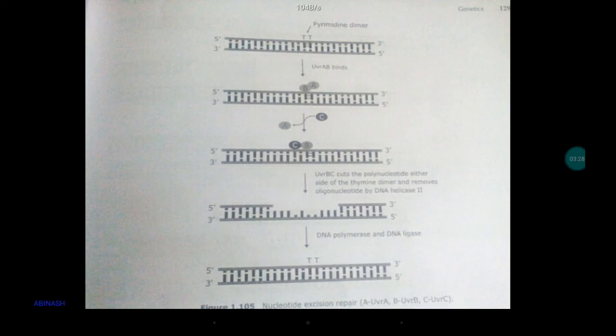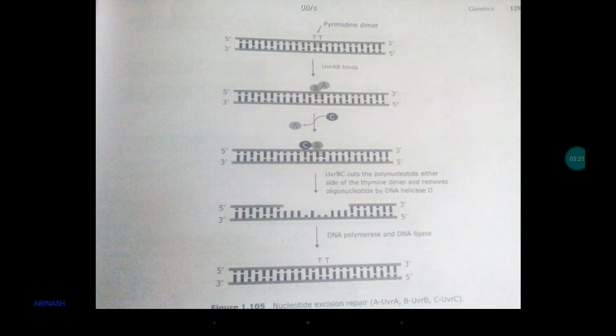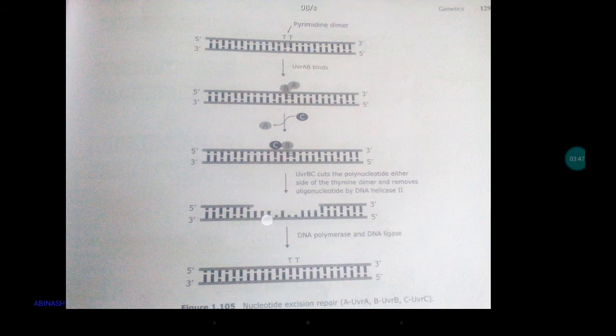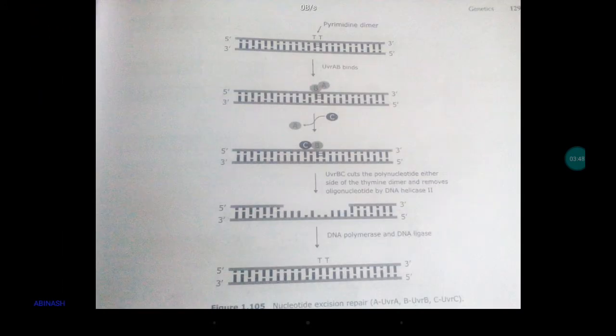Next is the nucleotide excision repair system. Here it can act on more substantially damaged areas of the DNA. So a lesion on either side of the DNA is caught. You can see here that this portion is completely clipped out. This is a lesion.